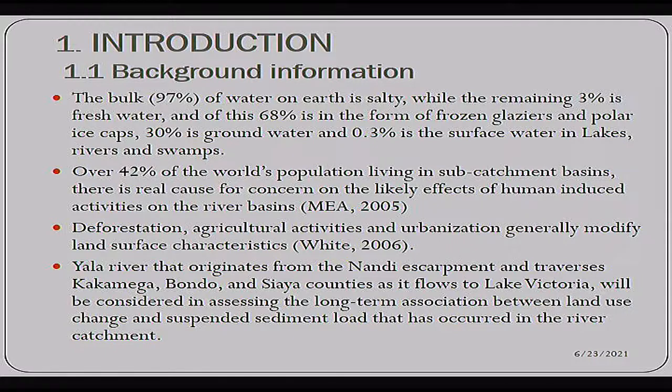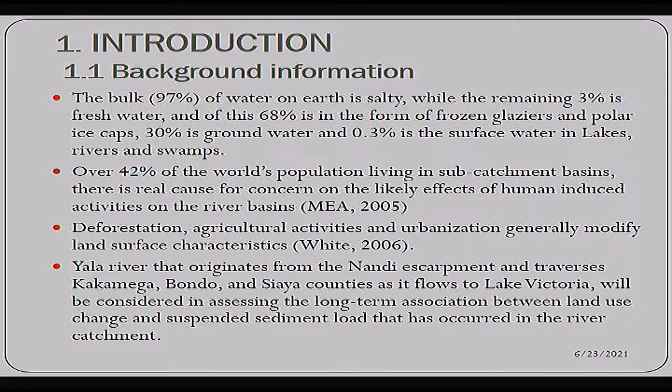Now Kofi Annan in 1985 set up a committee, the Millennium Ecosystem Assessment, that looked at these human-induced activities in sub-basins, and the report was pointing at a diminishing side of our population.